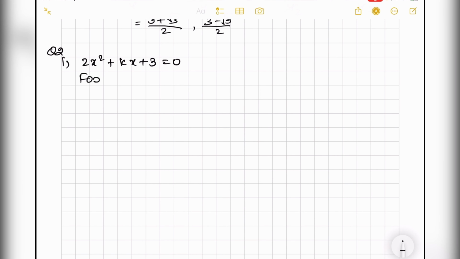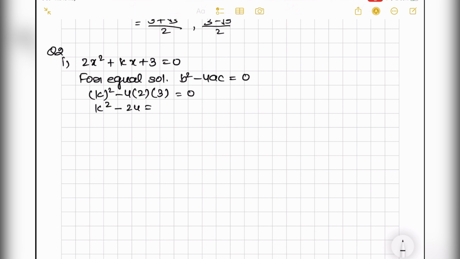For equal solutions, the condition was b square minus 4ac should be 0. So checking it, k square minus 4 into 2 into 3 should be 0. So k square minus 24 equal to 0. So k square equal to 24.